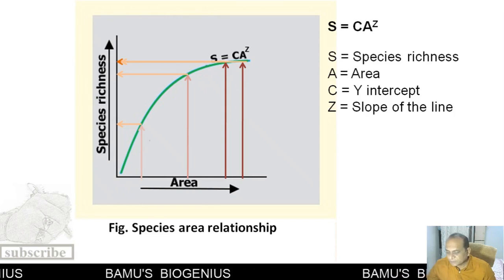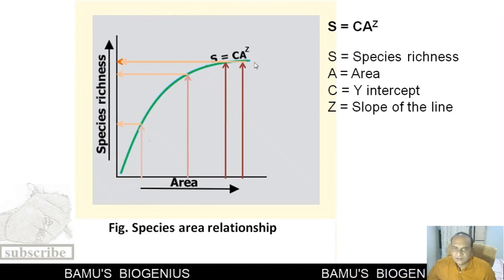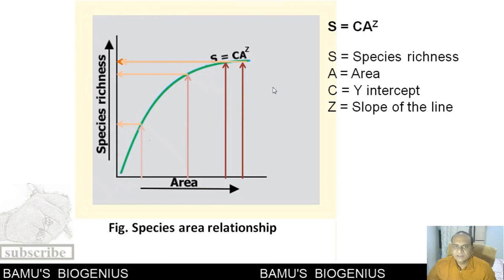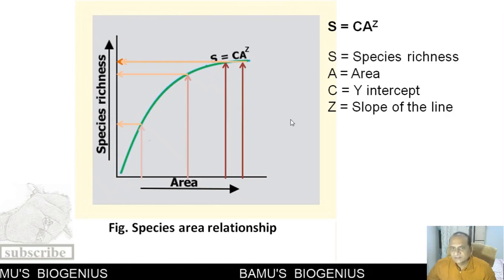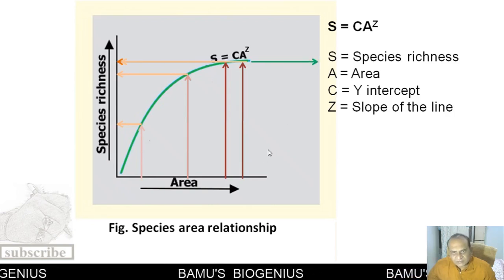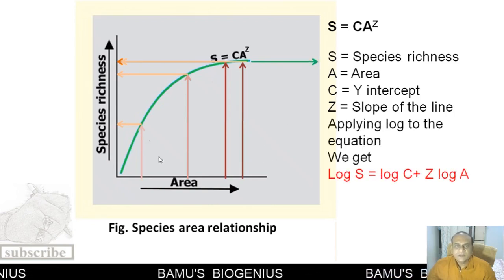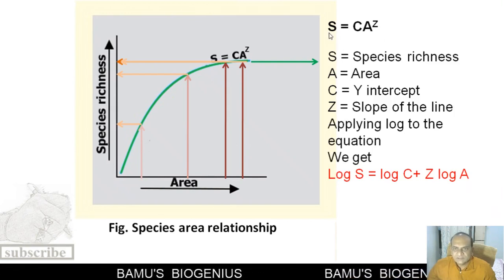Now, for that purpose, this species area relationship curve can be converted into a linear line by applying a log-log scale. Now, what happens in a log-log scale is that we apply log on both sides of the equation.